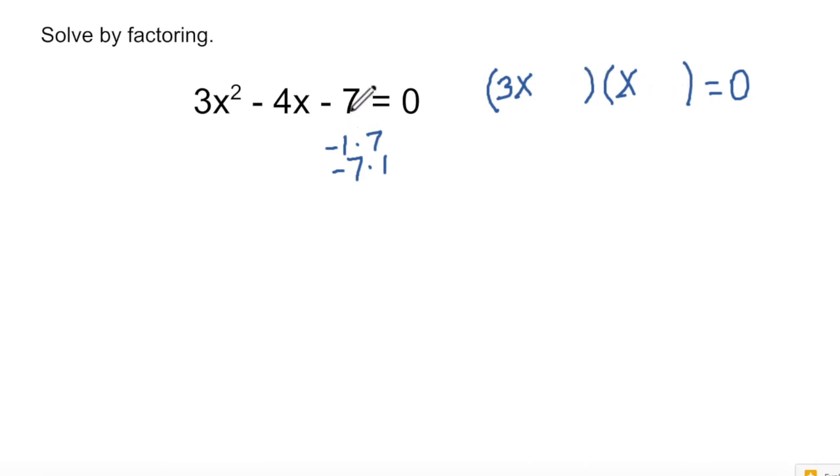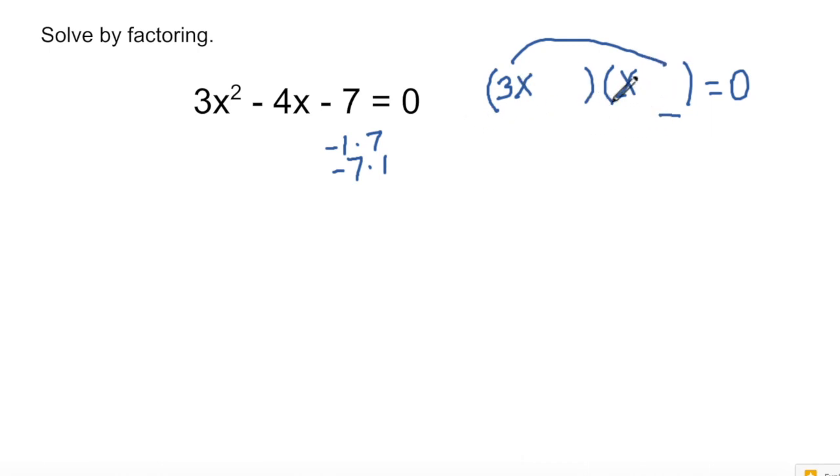And those two will multiply out to negative 7. Now we need to figure out how to get this negative 4, knowing that whatever number we put here is going to be multiplied by 3, right? When you apply FOIL to test this, this number there is going to be multiplied by 3x.